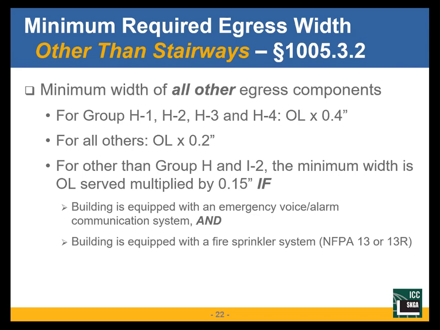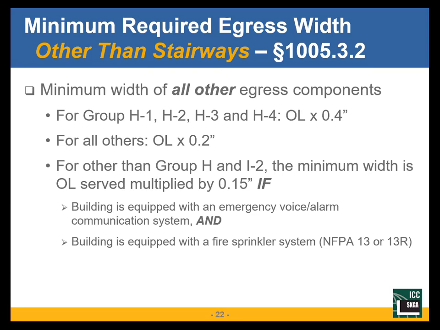Other than stairways, everything else, my corridors, my doors, my ramps, my exit passageway, everything else, we have a different factor. My occupant load and my H occupancies goes from 0.7 to 0.4. The reason this changes is that when we're walking on a flat level surface we get 0.4 inches per person, then we get to a set of stairs, we slow down.